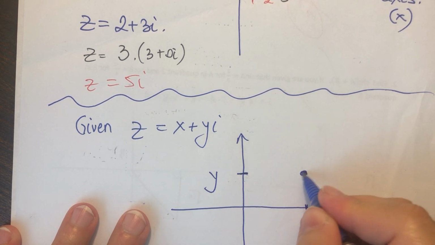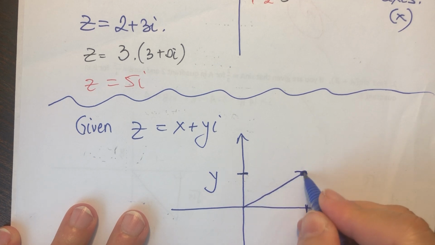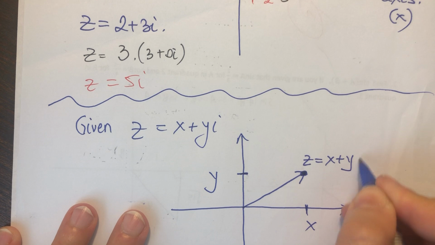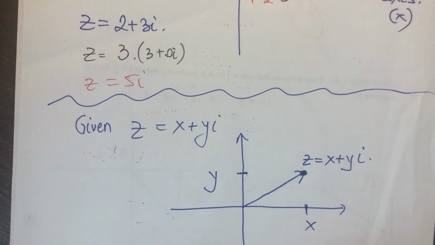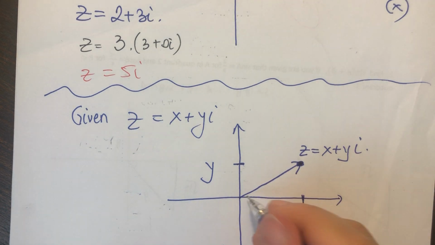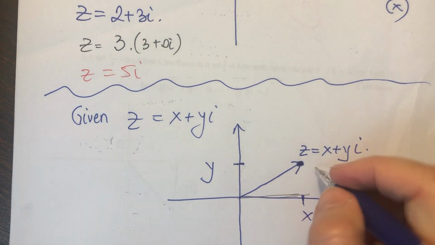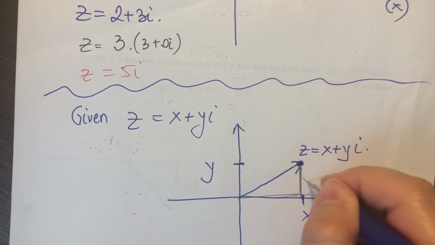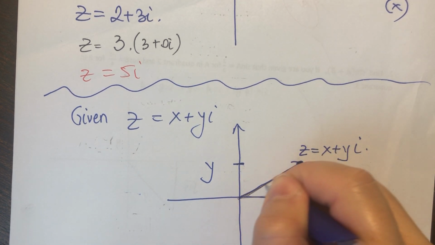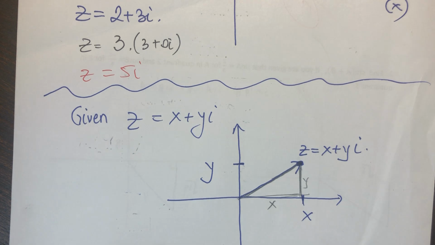I'm just going to keep it positive. So let's say this is the complex number x plus yi. Now, I want to point out a few things. This is an x distance, yes. This is a y distance. Now how much is this one here? That's your r from before, yes.